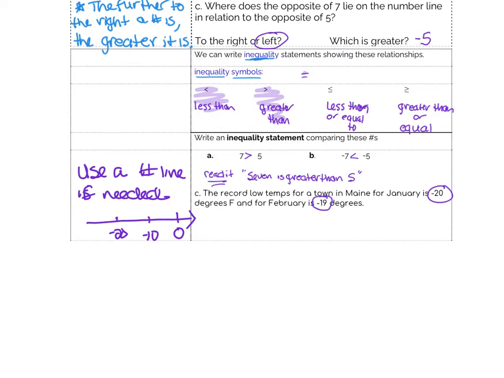Negative 19 would be right there because it is only 19 spaces away from 0. So we know that negative 19 is greater than negative 20. We could also write it as negative 20 is less than negative 19.